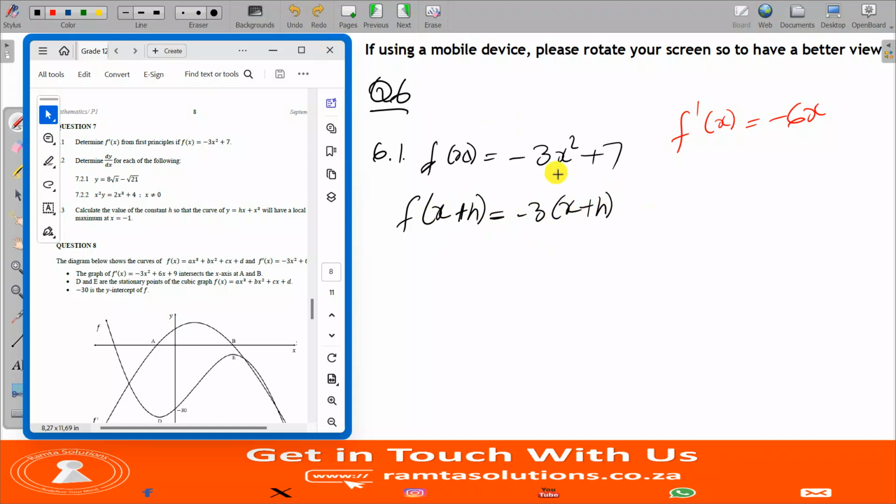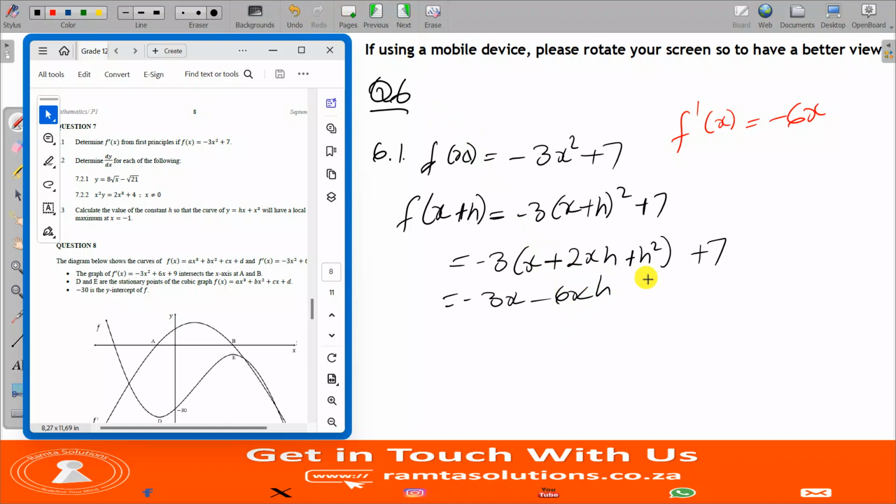So this is negative 3 into x plus h squared, plus 7, which is negative 3 into x squared plus 2xh plus h squared, plus 7.